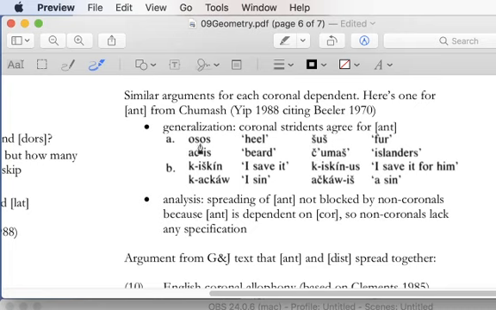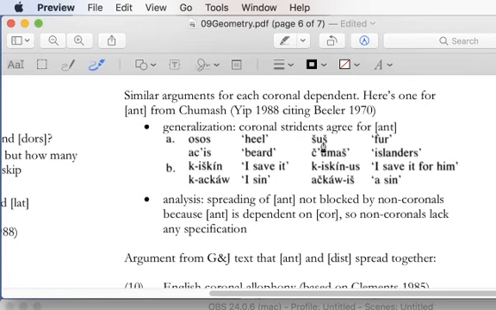So this is going to be plus anterior sa, plus anterior tsa, sa, minus anterior sha, minus anterior cha, sha. This is actually their name for islanders, which is also the name of the language, Chumash. And these are fine as roots, but what you don't find here is a mix of, say, plus anterior and minus anterior fricatives. Right? So the claim here is that there's a spreading process.